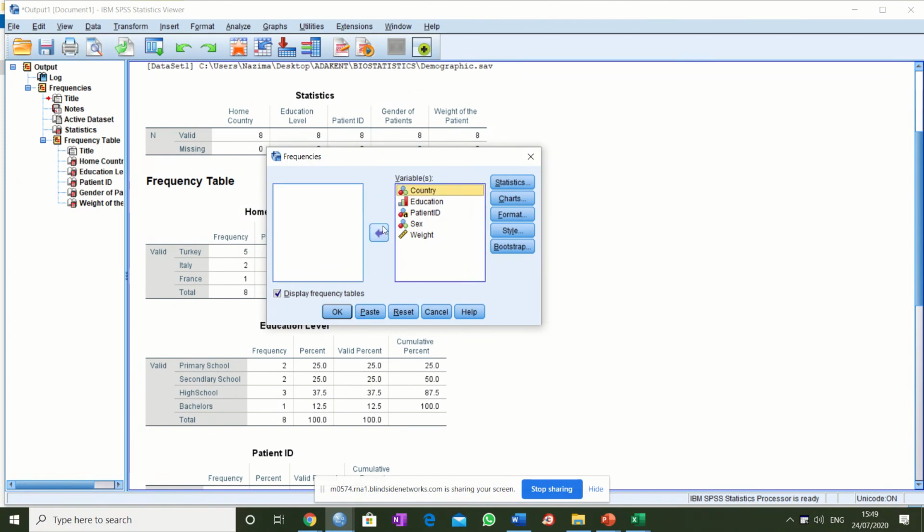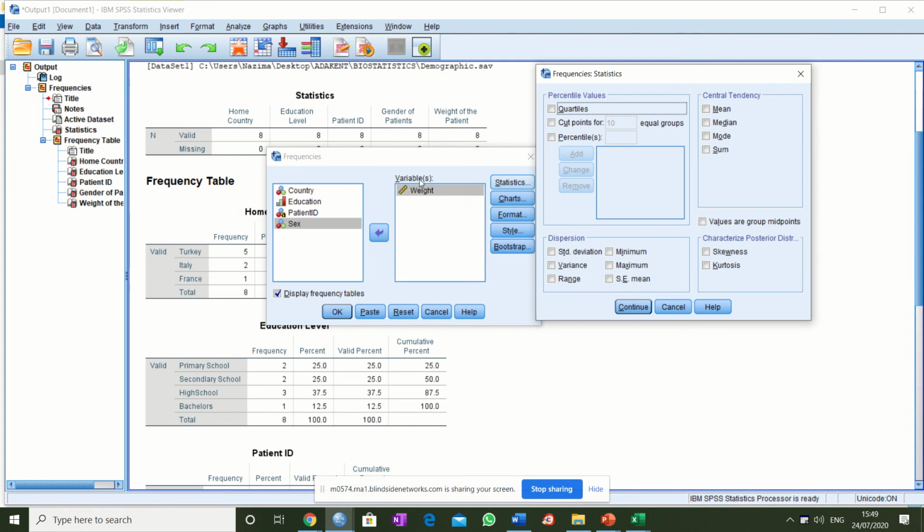But I cannot count mean of country. I cannot count mean of education. I cannot count mean of patient ID. I cannot count mean of sex. I can only count mean of weight from here because it's scale.